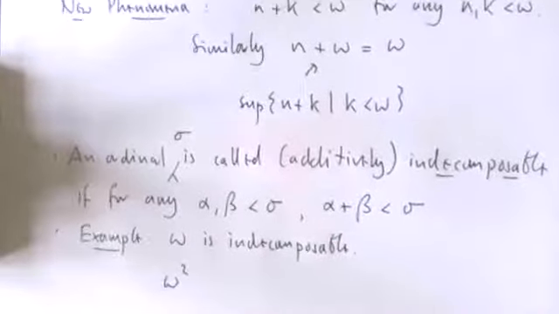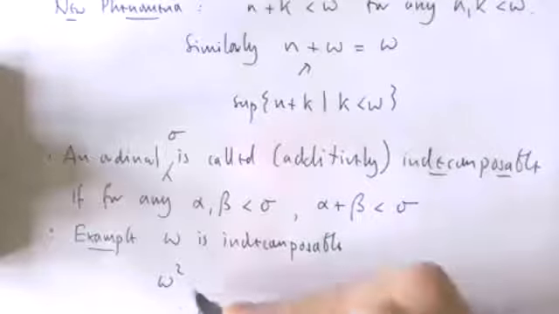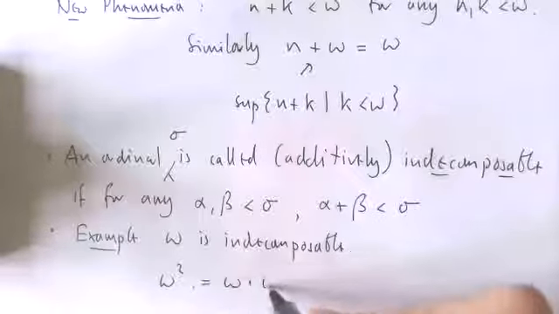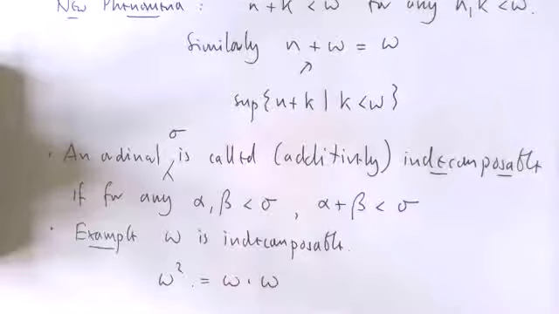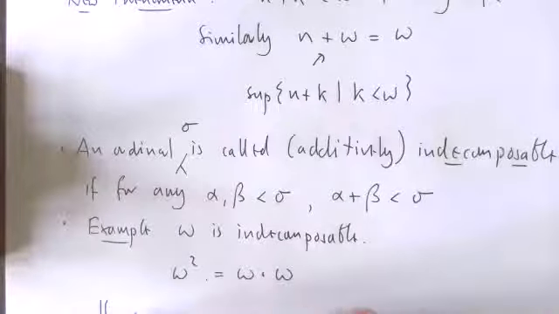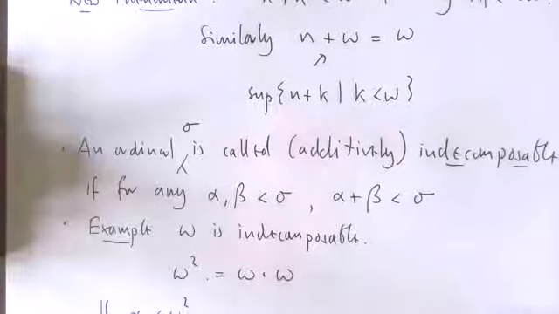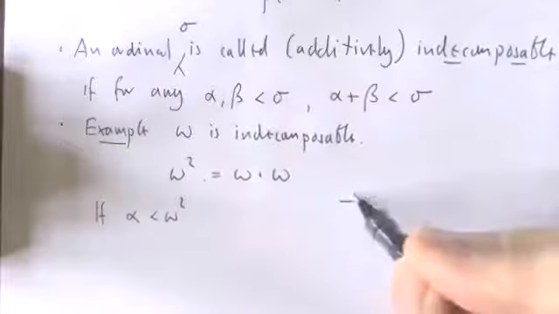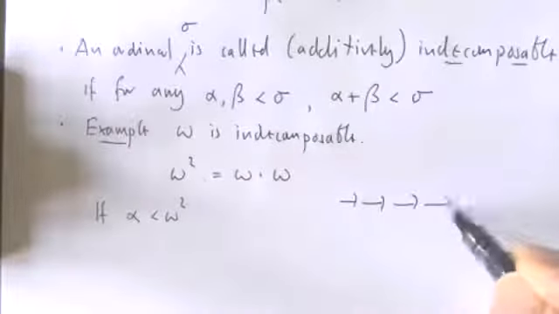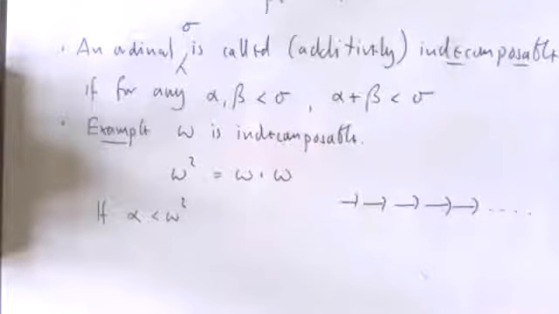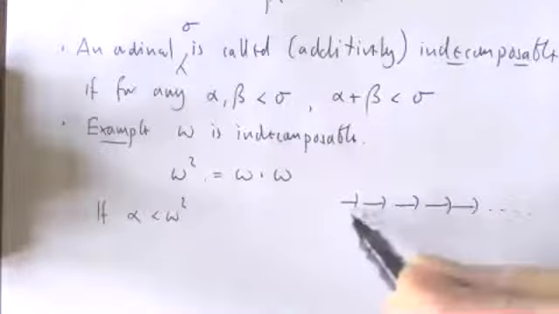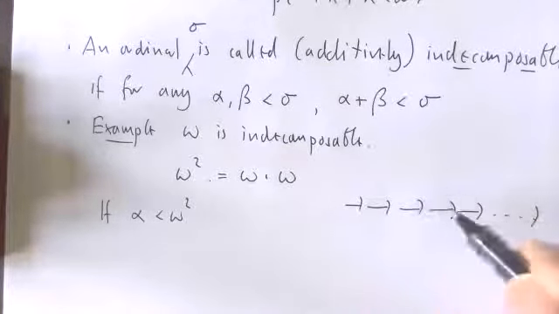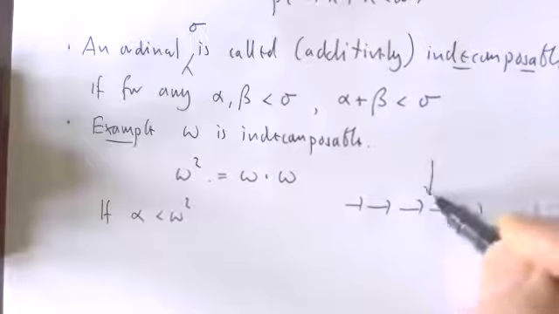Think about omega squared. So this is omega, lots of omega. If I pick an alpha less than omega squared, I can think of it as omega, lots of omega here. Each of these blocks is omega. So if alpha is less than omega squared, it falls somewhere on this line here.